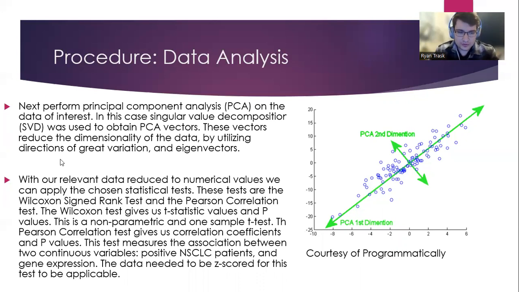I put them into two statistical tests. First, the Wilcoxon signed rank test, which gives me a t statistic and a p-value. And I also fed them into another statistical test called the Pearson correlation test, which gives me a correlation coefficient value, how similar things are. And note that the PCA took individual values of the gene expressions and compared them to everything else.